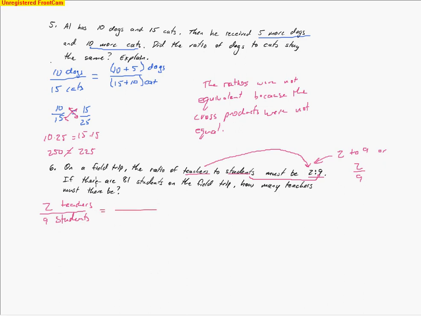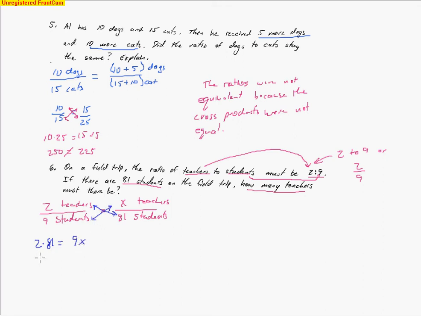So it says if there are 81 students on the field trip, how many teachers must there be? Well, we're looking for teachers, so that is our x value, and teachers needs to go on top because that's how I set up the fraction. 81 students would go in the denominator. So now we're ready to solve, and we're going to use cross products again. So I'm going to multiply the 2 and the 81, so 2 times 81, and I'm setting that equal to 9 times x, 9x.